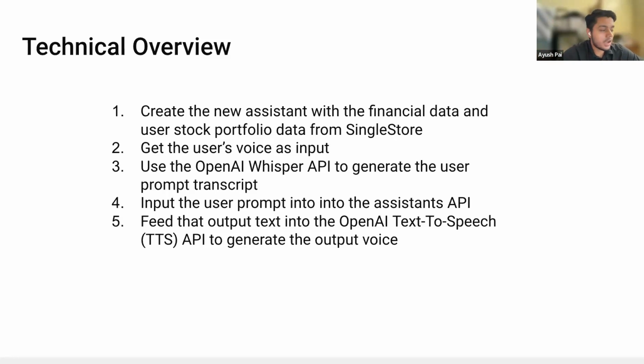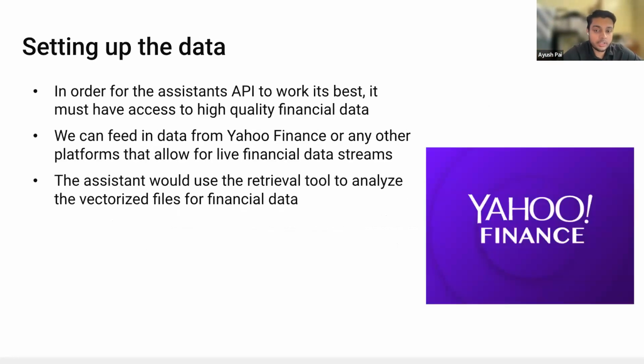So setting up the data is a critical cornerstone of having optimal functionality in the Assistance API. The next couple slides will explore the process of setting up the essential data pipeline to empower our voice-activated financial advisory system. First and foremost, to ensure our assistant's proficiency, we need access to reliable and up-to-date financial data.